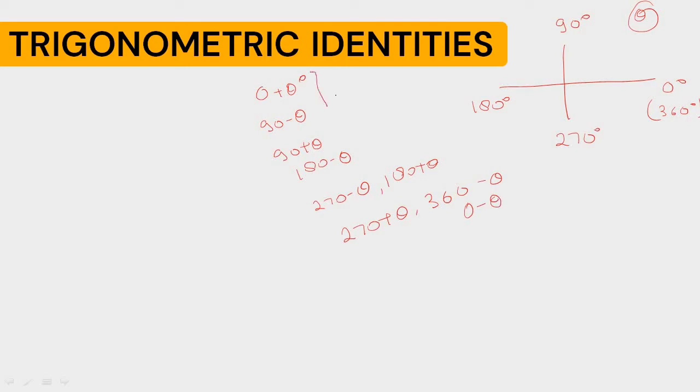So these two values will come in first quadrant, these two values will come in second quadrant, these in third, and these in fourth. How?